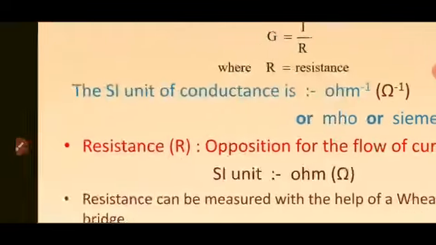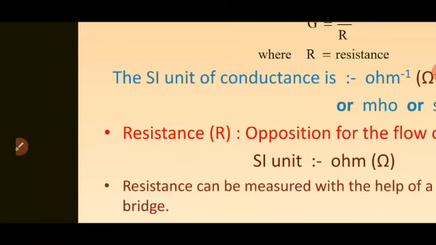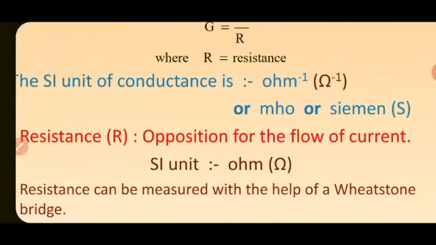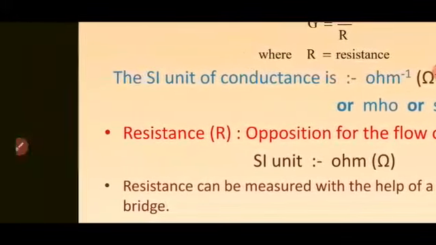Now what is resistance then? Resist means to oppose. So opposition to the flow of current is called resistance. The SI unit is exactly opposite, that is ohm. So the SI unit of resistance is ohm and that of conductance is per ohm.